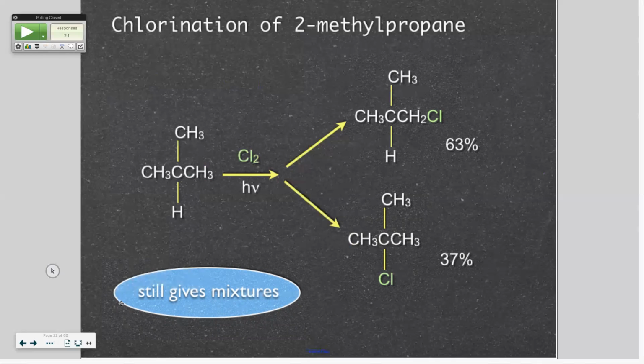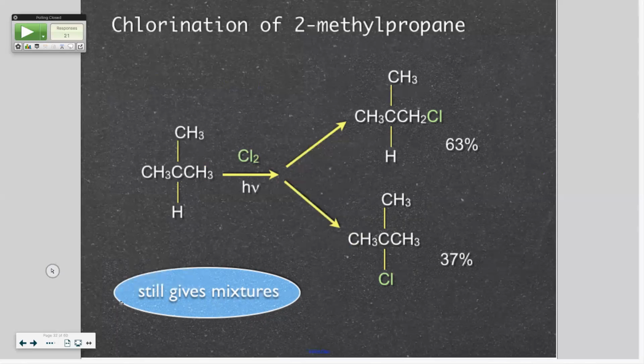What would happen if you did this reaction and you wanted this compound down here? You would have to do this, and then separate it by fractional distillation. Does that sound fun? Not at all, and I'm someone who's done a lot of fractional distillation. It is not fun. So what you really want is a reaction that's going to give you all this, or 99% that.